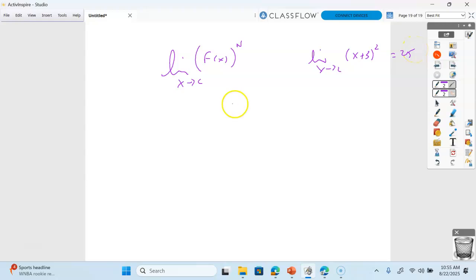The way I could write this is I could take the limit of the inside and then take that to the nth power. In other words, take the limit inside and then put the power on afterwards. Go ahead and do that.